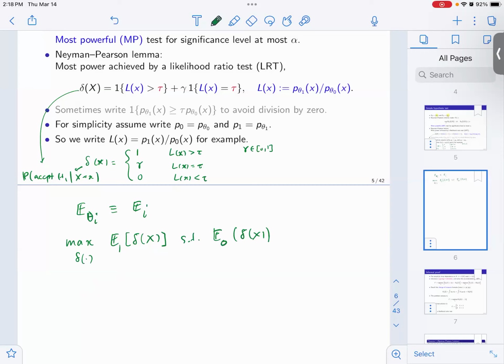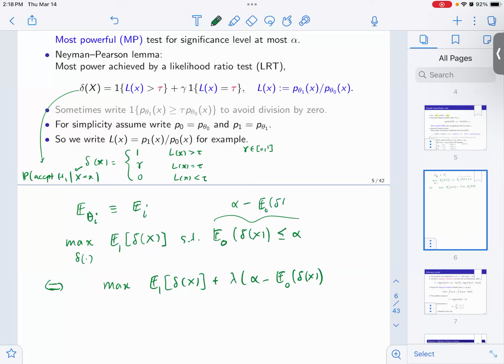And this is equivalent by Lagrange duality to maximizing E1 delta(x) plus lambda times (alpha minus the expectation of delta(x)), where alpha minus the expectation of delta(x) is bigger than or equal to 0.